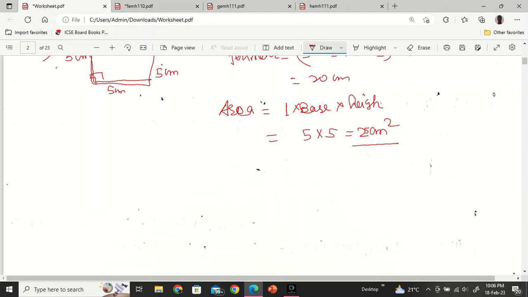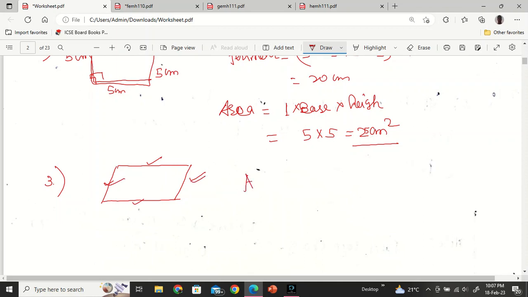Now I'll move to the third one. It is a parallelogram. In a parallelogram, two opposite sides are parallel to each other. This parallel to this and this parallel to this.